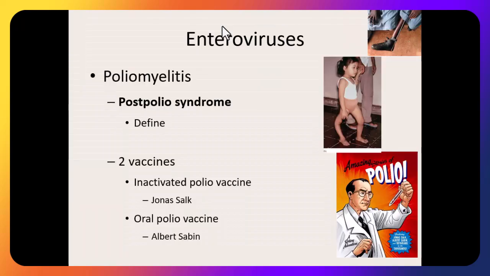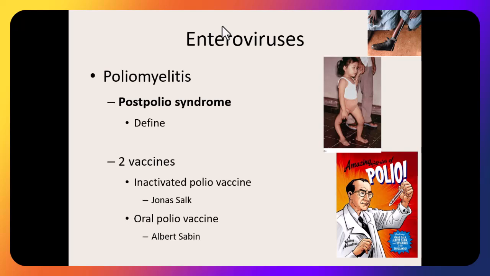Even if you survived polio, you're like, oh, I survived it. Yes, you didn't come away unscathed. Later on in your life, decades later, you develop something known as post-polio syndrome, which means any skeletal muscles that were affected when you were a kid start to deteriorate as you get older.